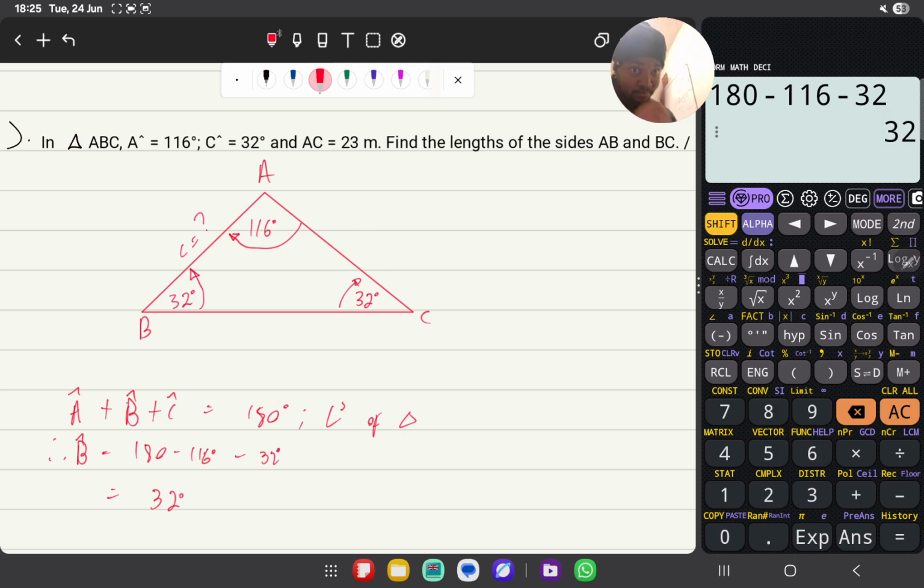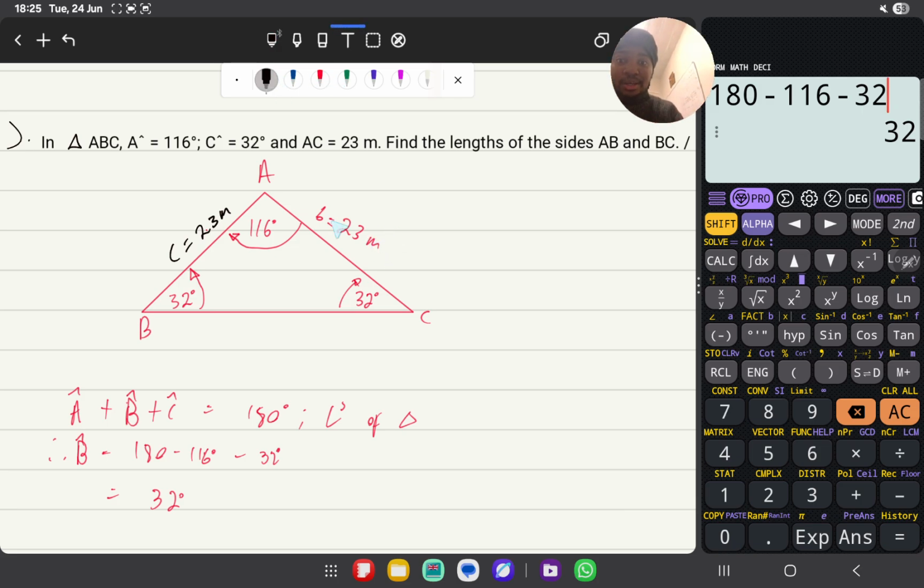So if this side AC, which is B, is equal to 23 meters, that means C equals 23 meters too, right?